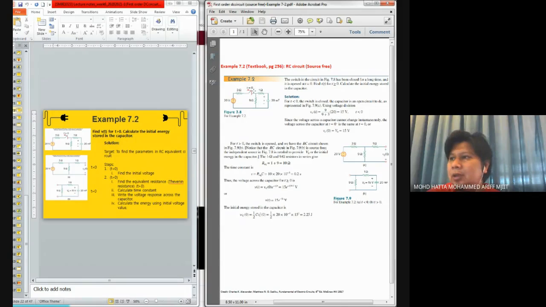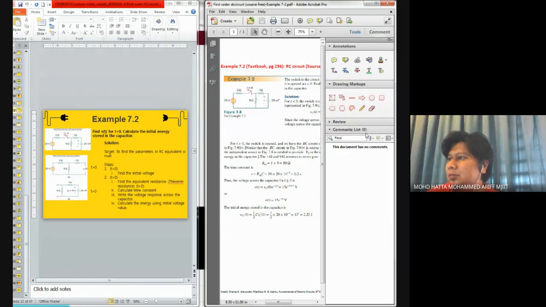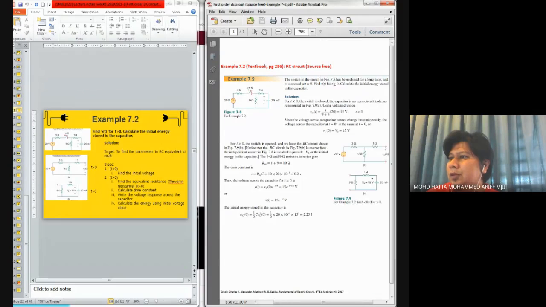In other words, for t greater than 0, this portion is gone. You don't have this portion, only this part.